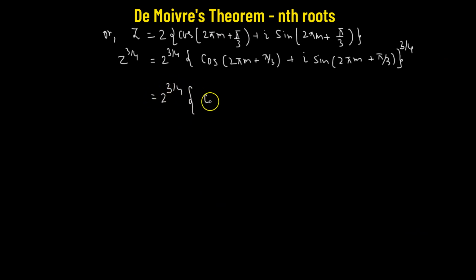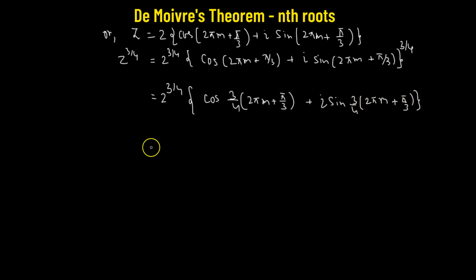Then this should give us cosine of, now 3 over 4 will get multiplied to 2 pi m plus pi over 3, plus iota times sine of 3/4 multiplied to 2 pi m plus pi over 3, which will be equal to 2 raised to the power of 3 over 4 times cosine of, we multiply 3 over 4 with 2 pi m plus pi over 3.